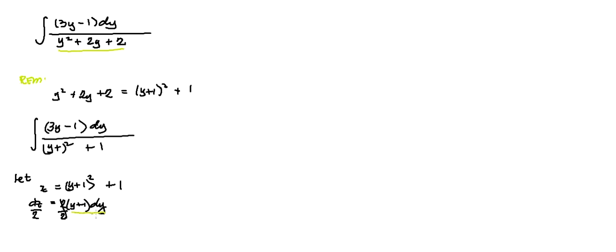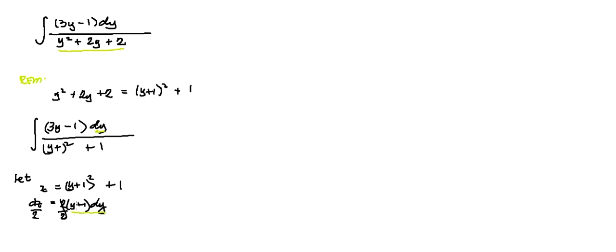But as you can see, we don't have any (y plus 1) dy at the numerator, but instead we have 3y minus 1. So our technique last time was to separate these two, 3y dy all over this whole term, and then minus 1 dy all over this whole term.